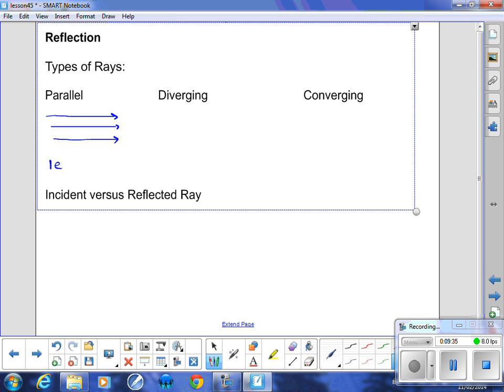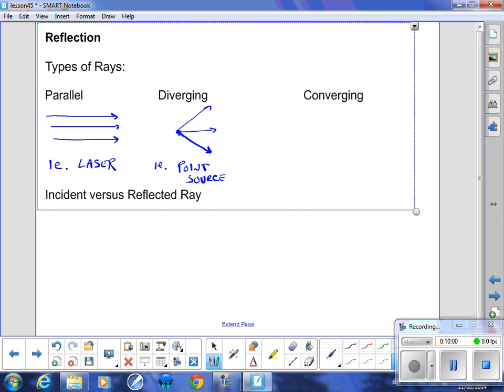The only source that will generate parallel rays would be a laser. Diverging rays: they would extend out and never cross, but they would meet at one common point, similar to our point source, a light bulb, for example.